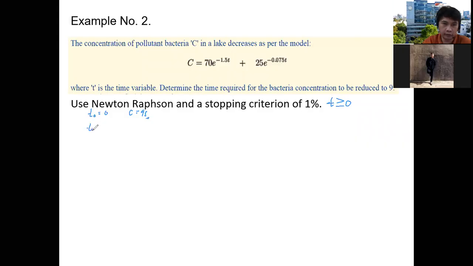And for this case, we want to determine yung value ng time such that the concentration is equal to this value 9. No? So we need to express yung function natin in terms of the variable t.